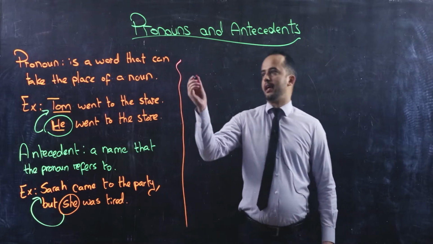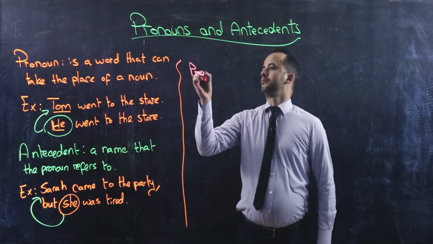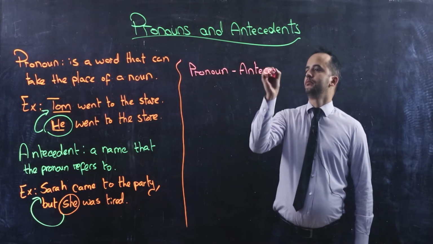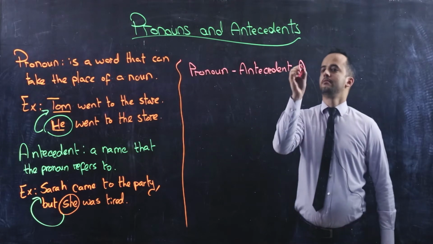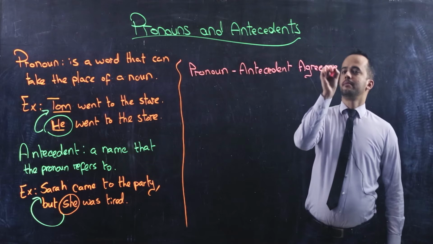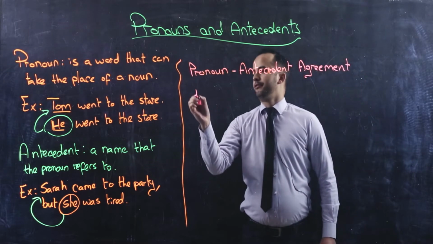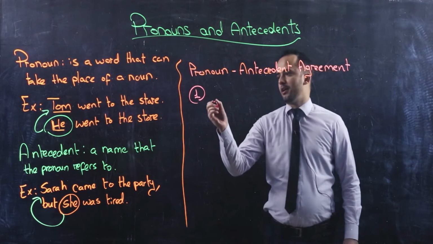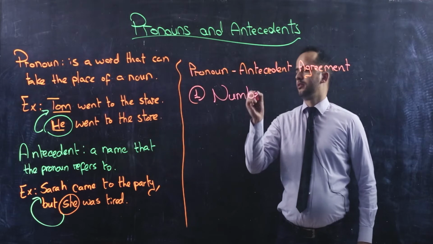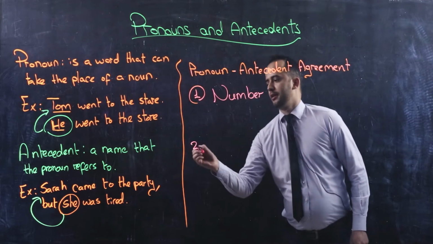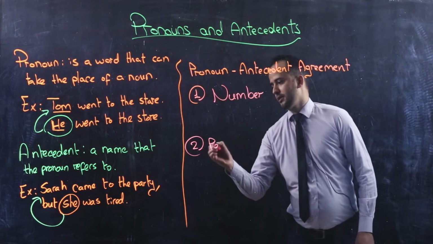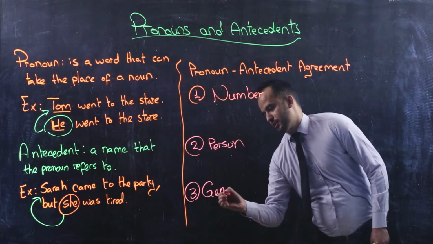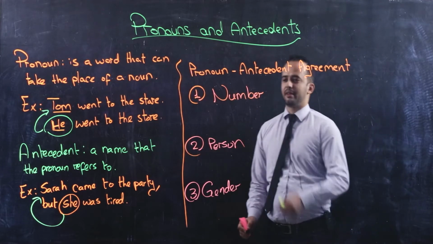The first point is that the pronoun must agree with the antecedent in number, in person, and in gender. All right, what do we mean by these 3 points?